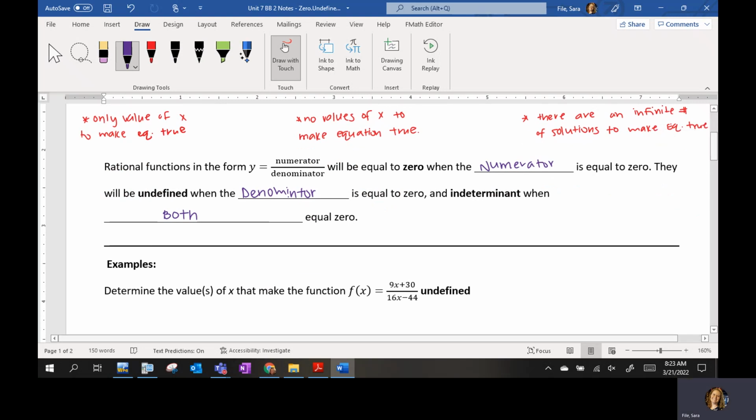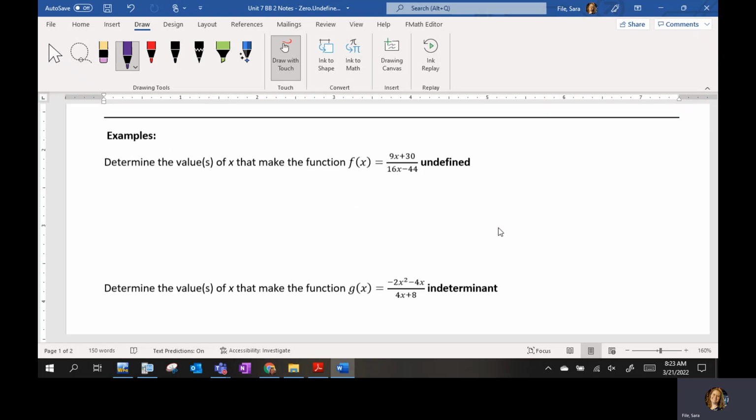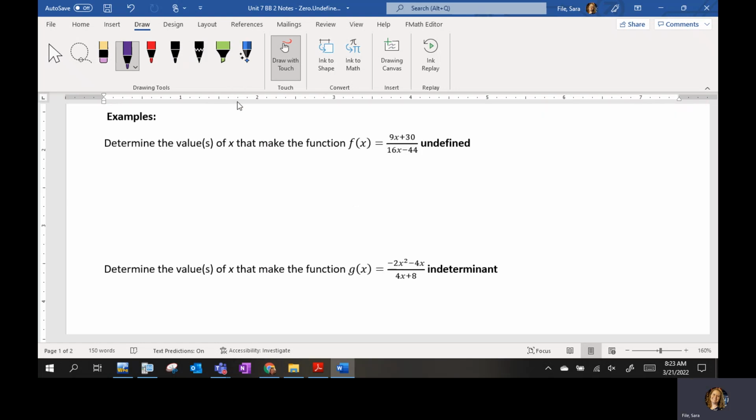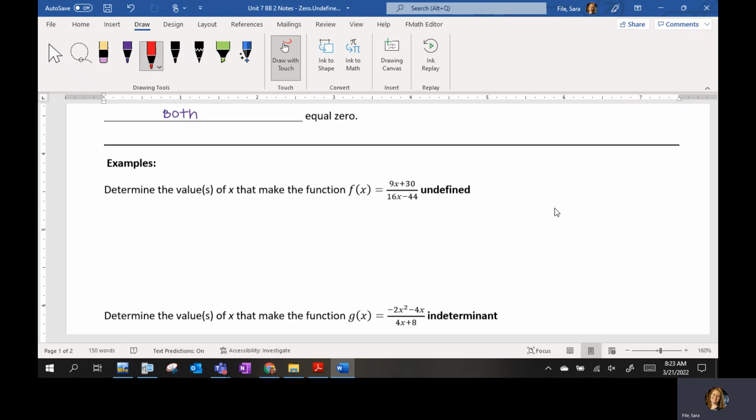All right, so we're going to check out some examples of rational functions. We've got f of x equals 9x plus 30 over 16x minus 44, and we are asked to determine the values of x that make it undefined. Well, we literally just got through saying what undefined means. Go back to what we just filled in.